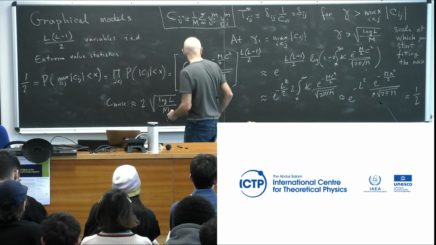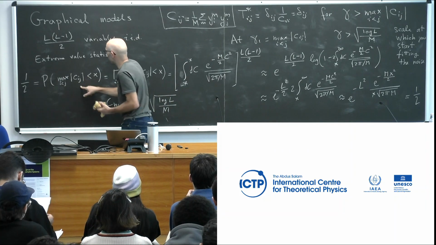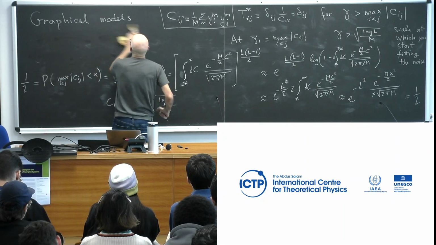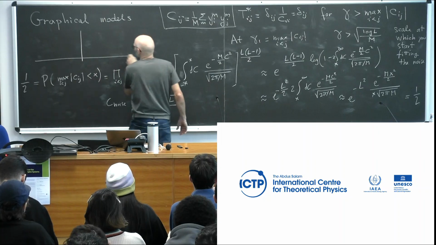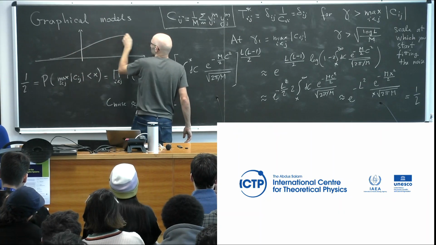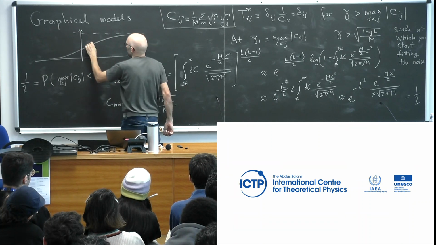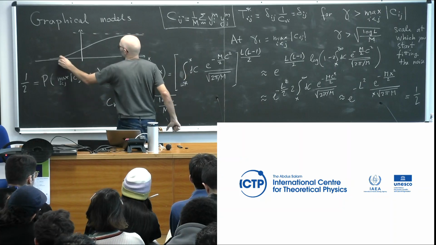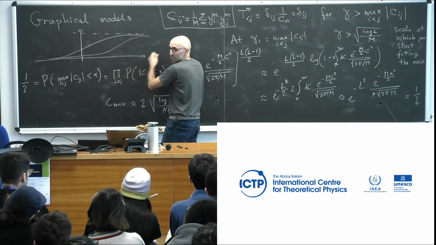Why 1/2? Because this is the cumulative distribution of the maximum. It's the probability that the maximum is smaller than x. So as a function of x, this quantity here is something like this, right? And when you increase L and M, this will shift to higher values.